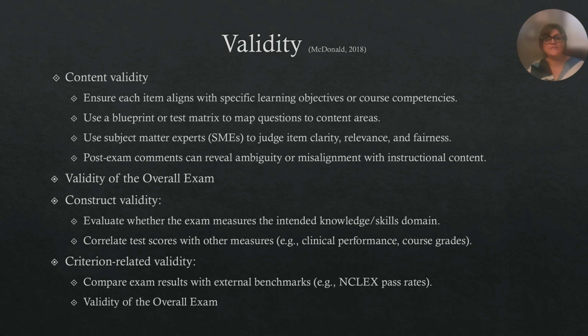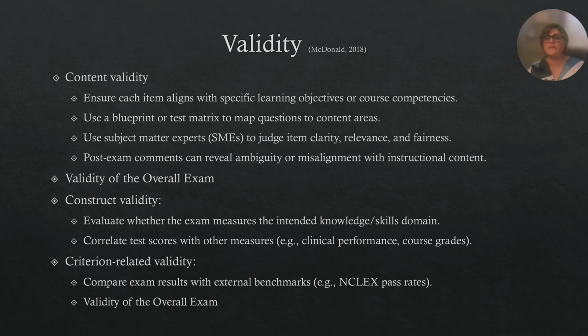Validity. Content validity ensures that there's alignment between your objectives and the content intended for the exam. This is often done by creating a blueprint or a map of your questions, a matrix of your test, before you even construct the test. You also can use subject matter experts, other faculty, to judge the clarity, relevance, and fairness of your exam.